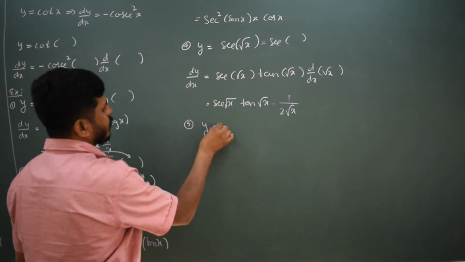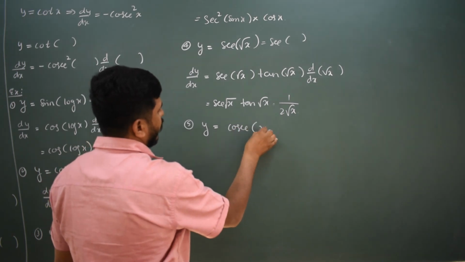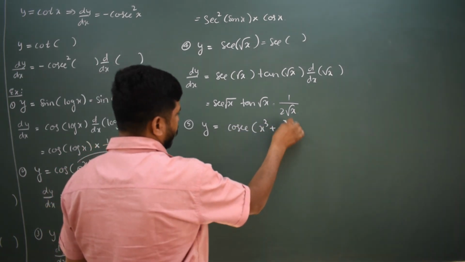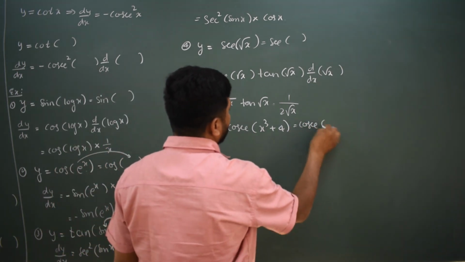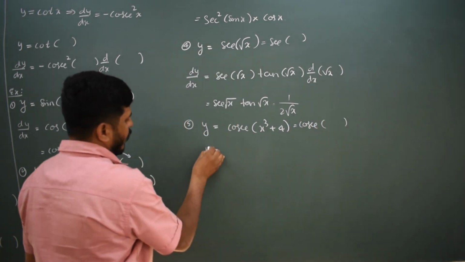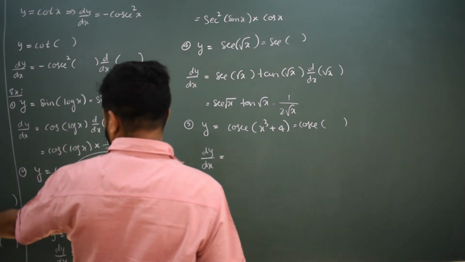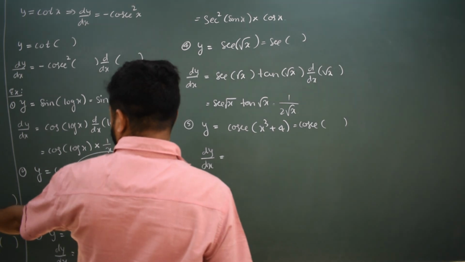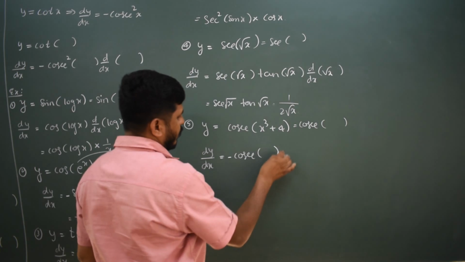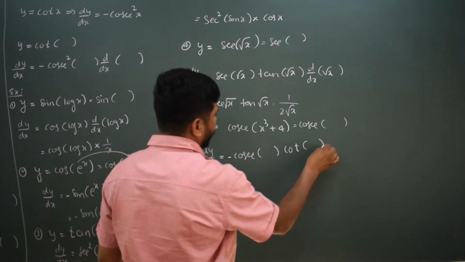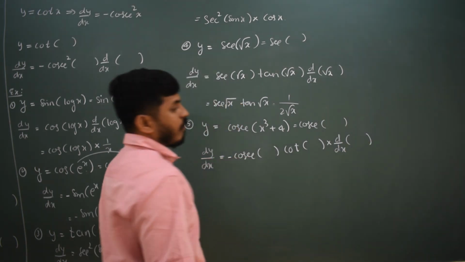Next, y is equal to say cosecant of x cube plus 4. How to read this one? Cosecant something. Now dy by dx is equal to, what is the cosecant differentiation? Minus cosecant something into cot something into d by dx of something. This is the formula.